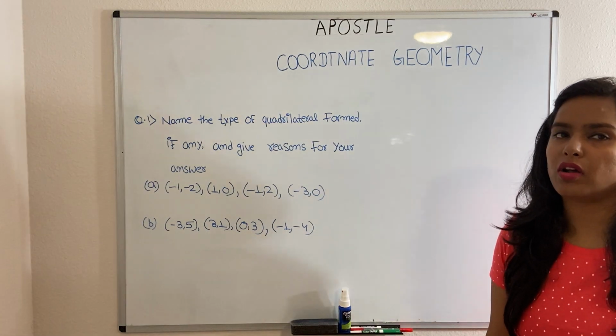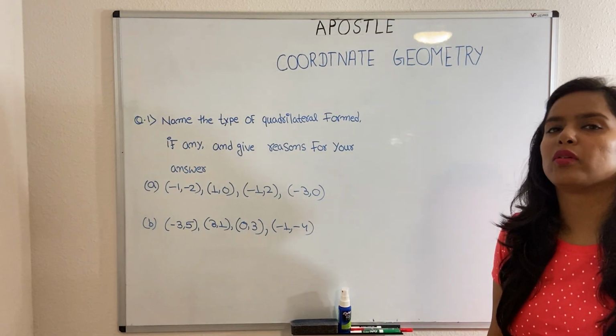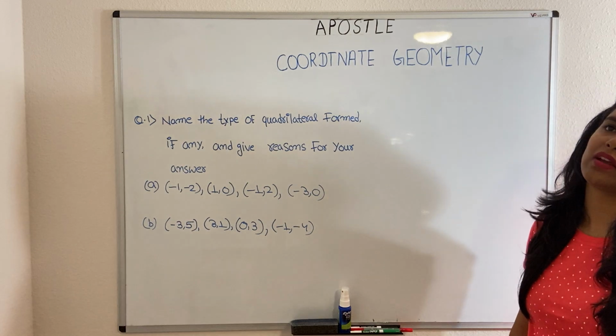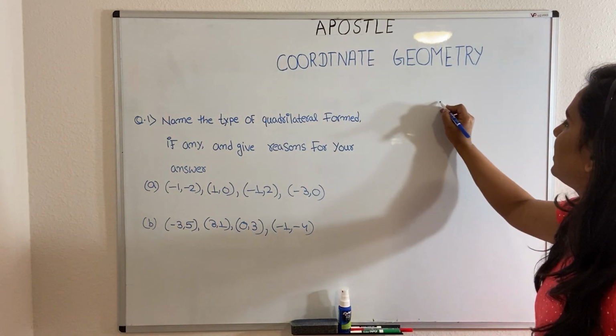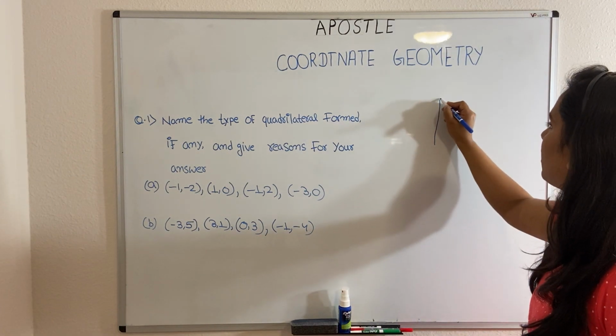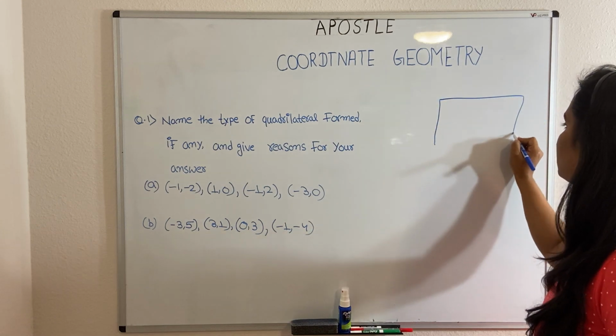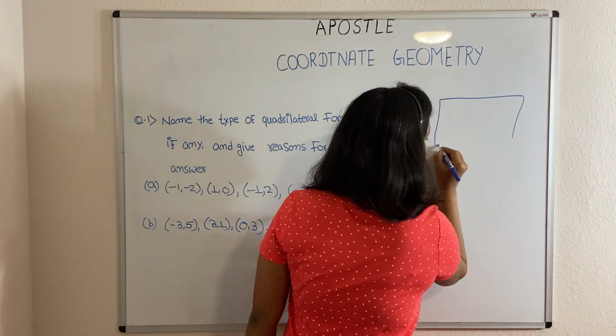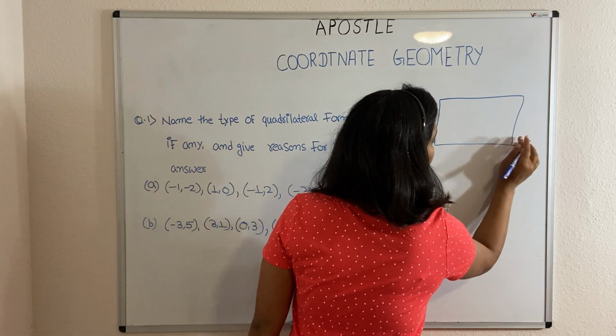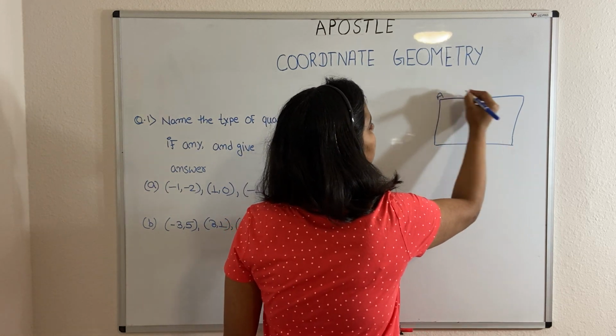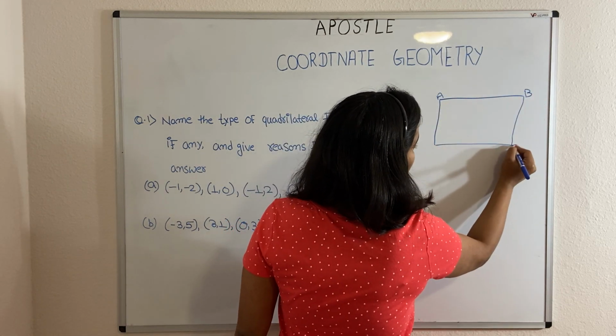So first of all, we are going to revise one concept: what is a quadrilateral? Anything that is having four sides we call a quadrilateral, like this ABCD. This is a quadrilateral.